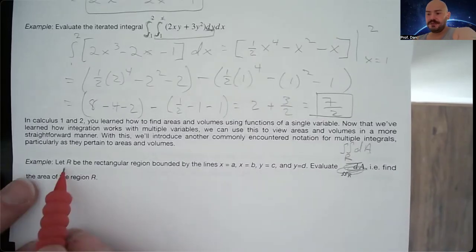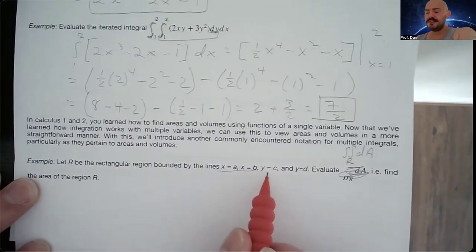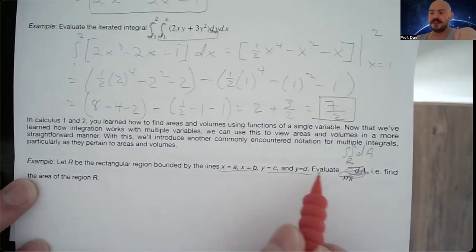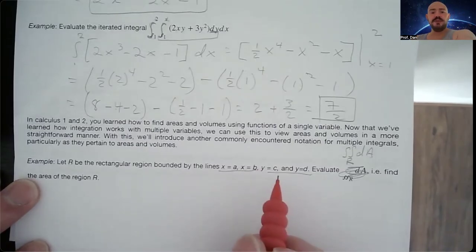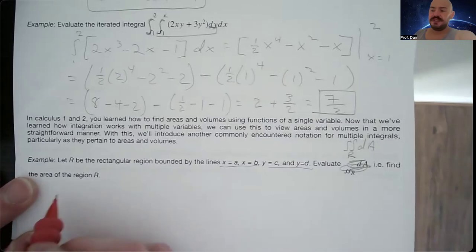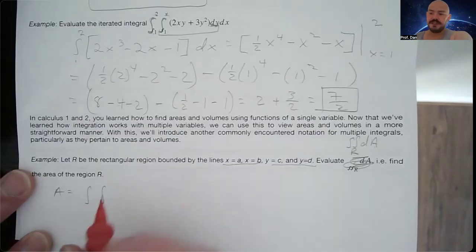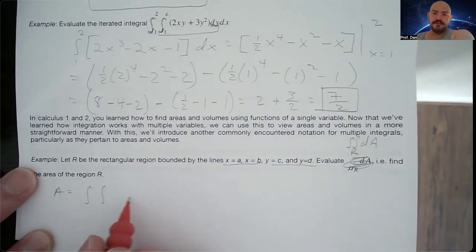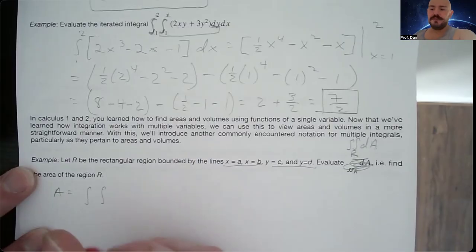So if we read about R, R is bound by these two vertical lines and these two horizontal lines. So I know that my X values are going from A to B and my Y values are going from C to D. So the way that I would find the area is to find the double integral over the region R. So let's set up our bounds, let's set up our differentials.